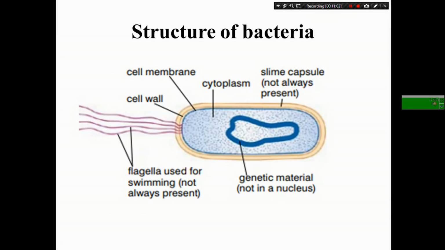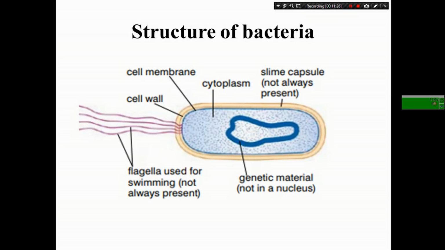So let's see the structure of bacteria. Its typical structure contains an outer part known as the capsule. They have cell walls. Their cell wall is made up of peptidoglycan, as I told you before. Bacteria have flagella, which are used for swimming, but flagella are not found in all bacteria.